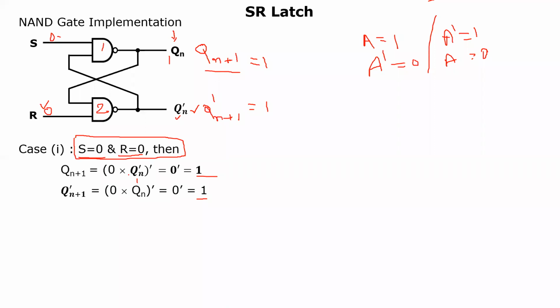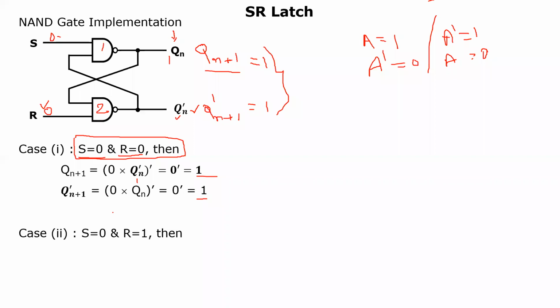But if S and R values are both equal to 0, you never get the output from this particular latch. The state of that latch will be the forbidden state or indeterminate state. It could not be determined what kind of value. So whenever you construct such a thing, you must take care that the S equal to 0 and R equal to 0 case should not be there in our construction.